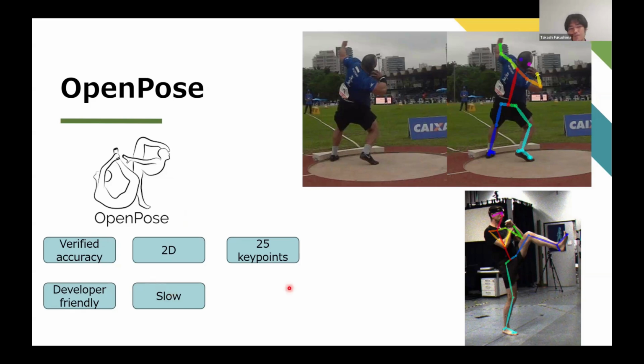But for me, it's a little bit slow. It depends on the hardware, or on the resolution of the image you input to OpenPose. Again, this was only the recap, and we're not going to go into the details, because we already talked about the characteristics of OpenPose in the previous lectures.